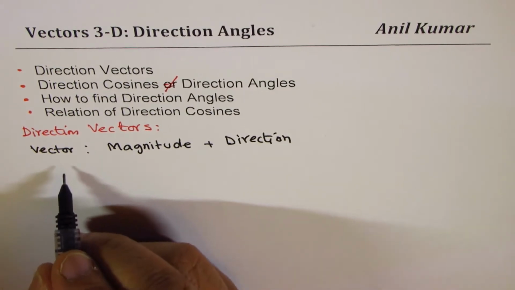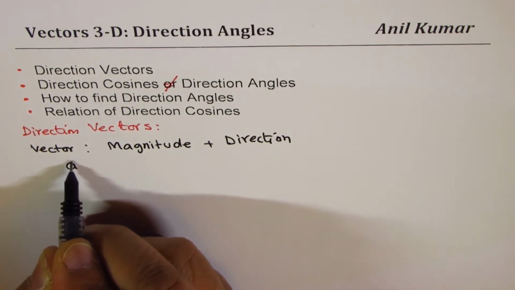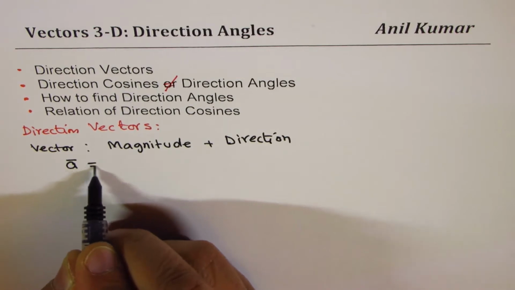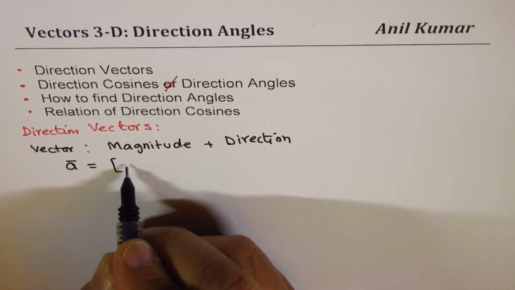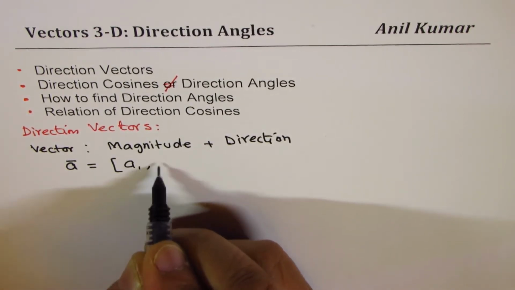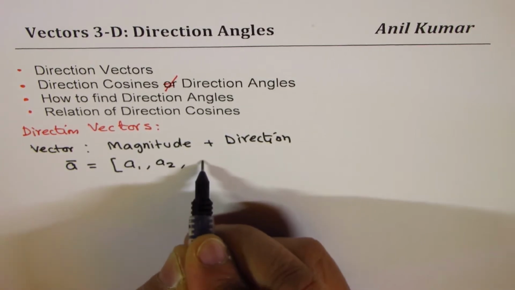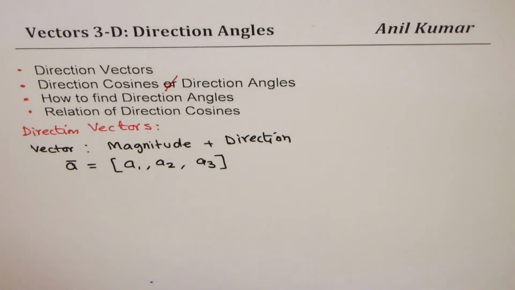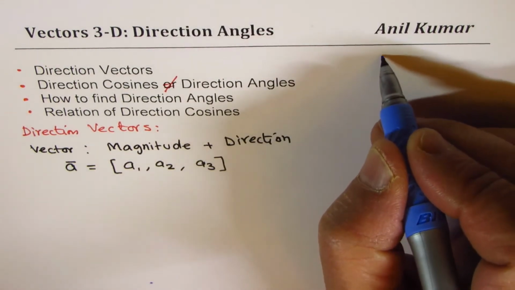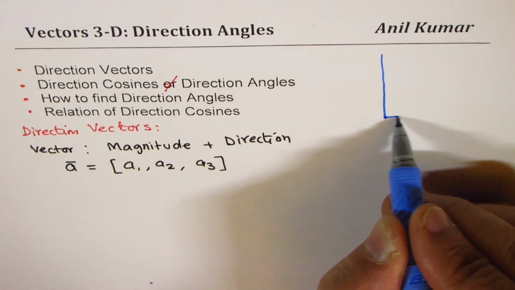So if I have a vector, let us say A, I could write this vector A as A1, A2, A3. Many times you've seen all this. It means what basically? Let us represent this in R3. So let's say that is our plane.